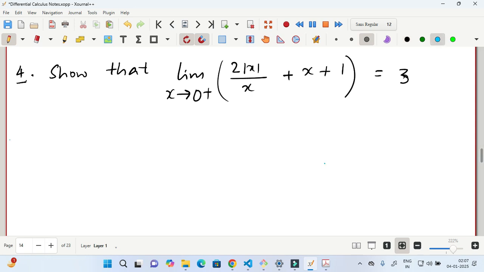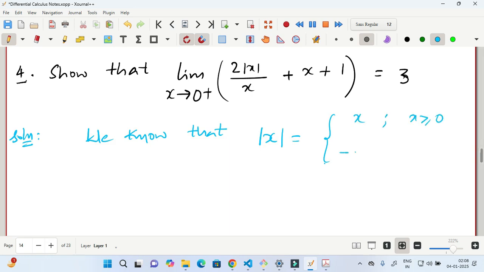You have to prove it. Solution. First we have to know that modulus of x is equal to x when x is greater than or equal to 0. It is minus x when x is less than 0.